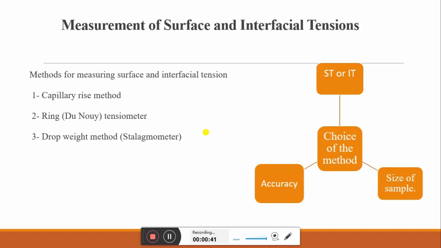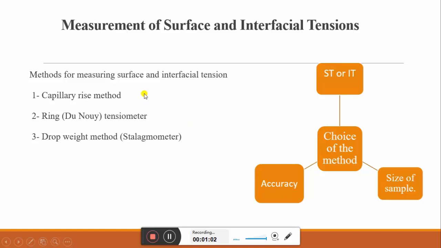For measurement of surface and interfacial tension, there are different methods available. The choice of method mainly depends upon whether we need to measure surface or interfacial tension, the size of sample we have available, and the accuracy of the method.